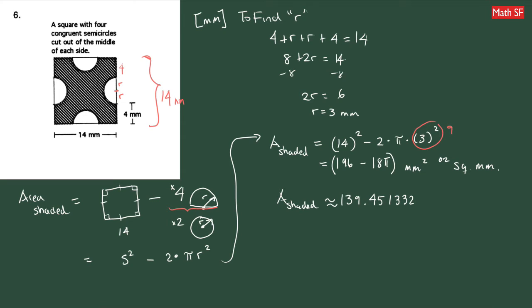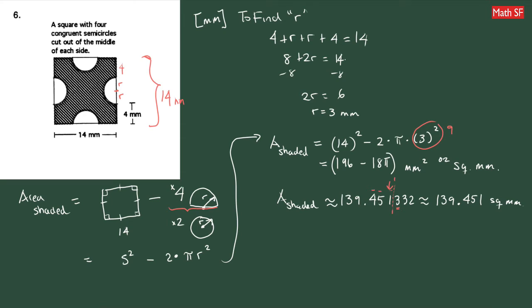So I'm going to locate the thousandths place. Because the next digit is not more than 5, I'm just going to stay there. So this is approximately 139.451 square millimeters.